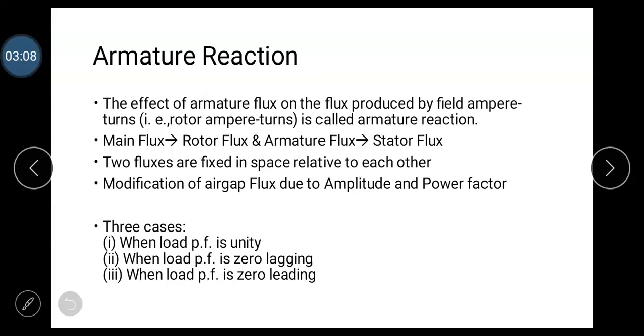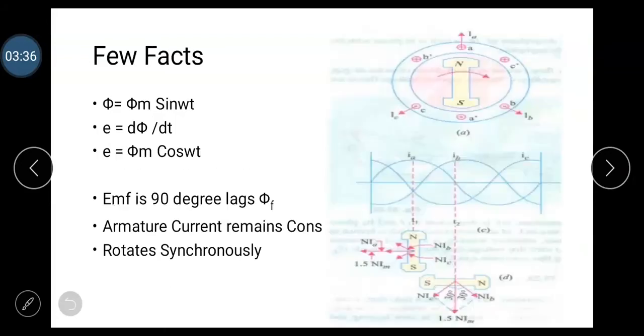According to the load, the power factor changes, and the effect of the armature also differs. So we will consider three cases: load under unity power factor, load under zero lagging power factor, and load under zero leading power factor.